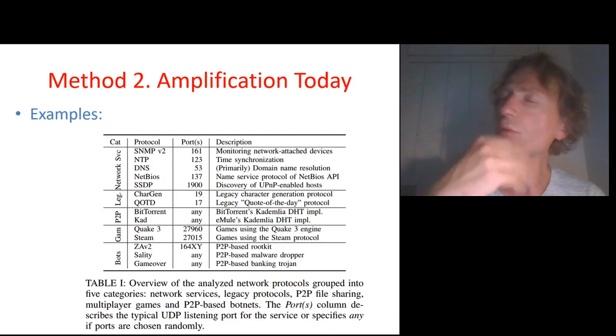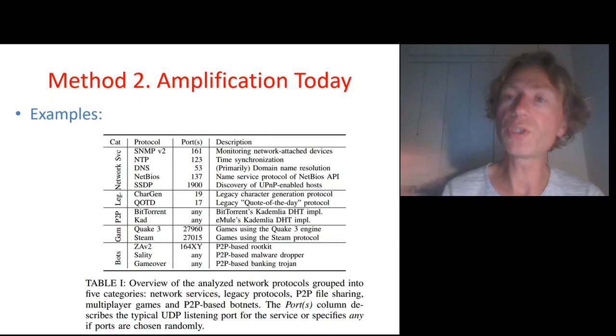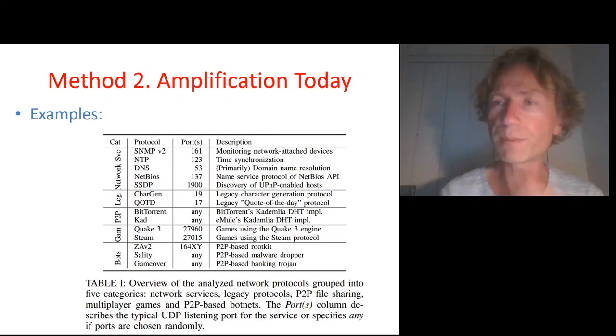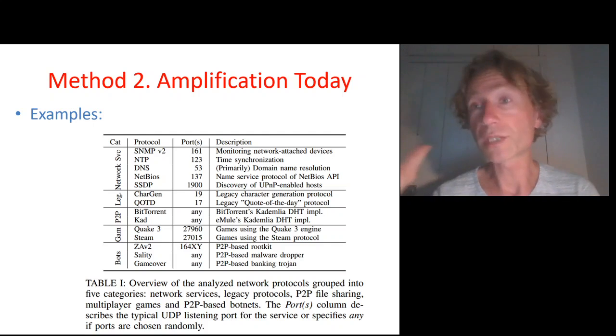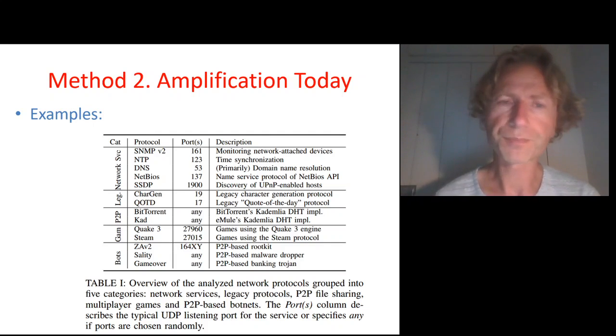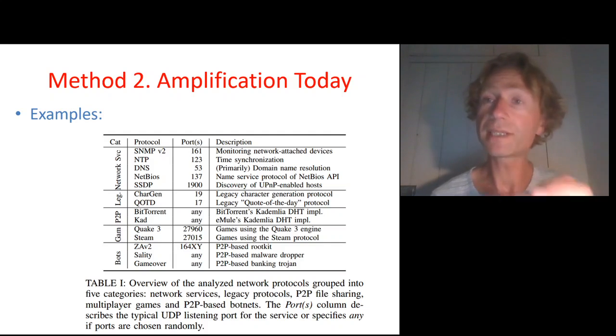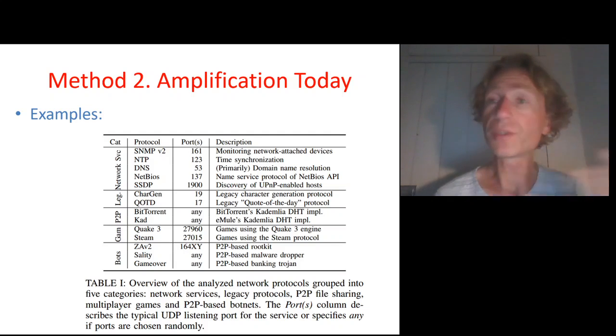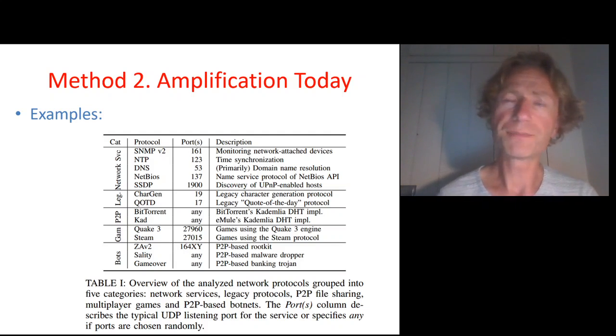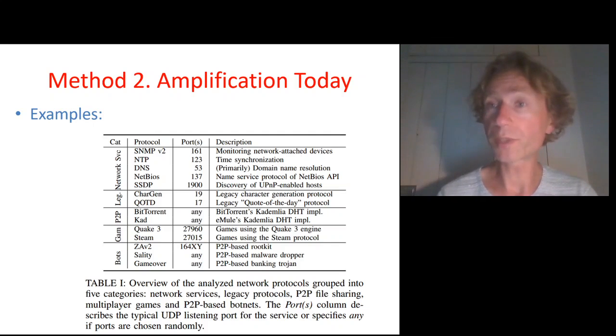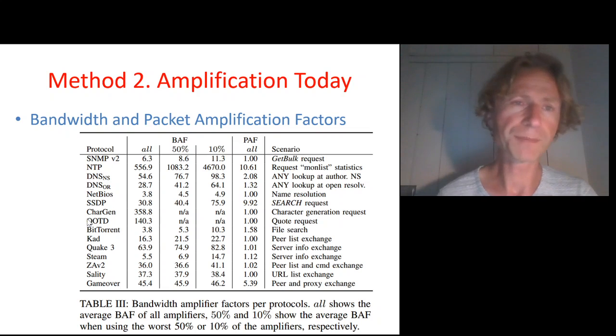So here it's not actually the botnet that's attacking you, but you using the botnet to attack somebody else, right? So the botnet just happens to be convenient there. And all of them have this property that small requests can elicit large replies, okay? And that it's UDP, so you can very easily do this. You can spoof the request, and the reply will be sent to whatever spoofed IP address you provide.